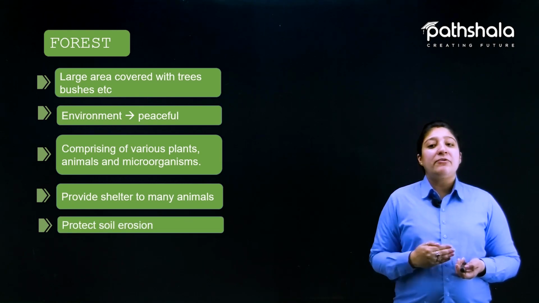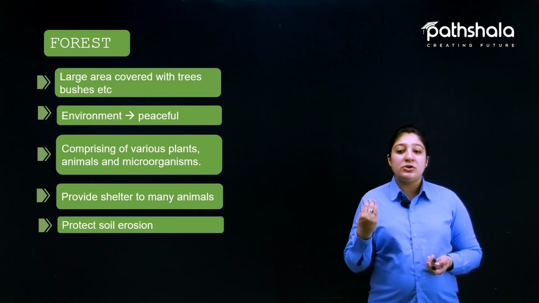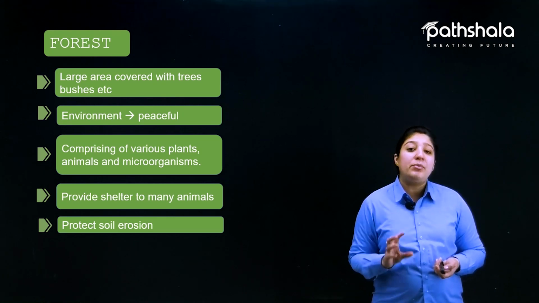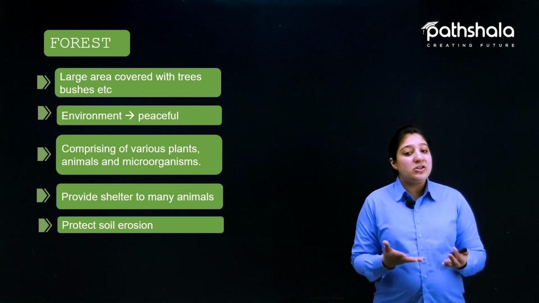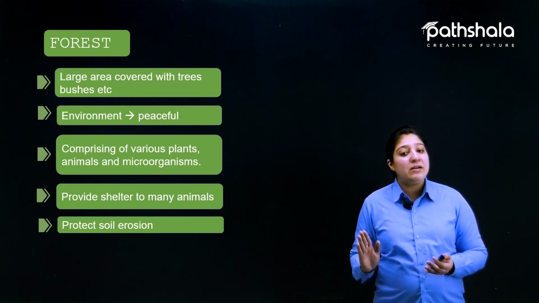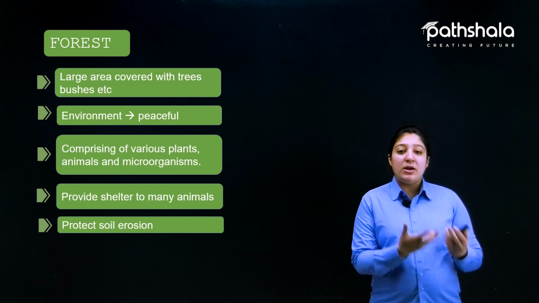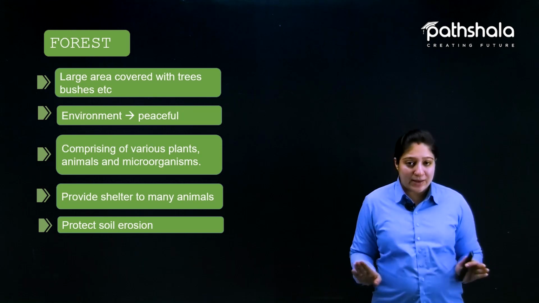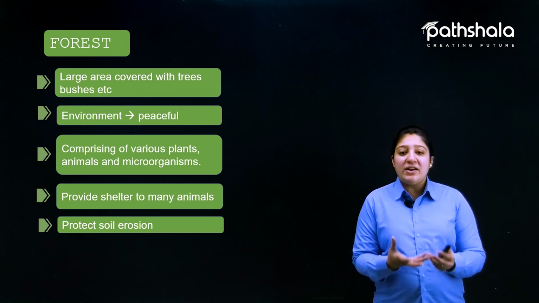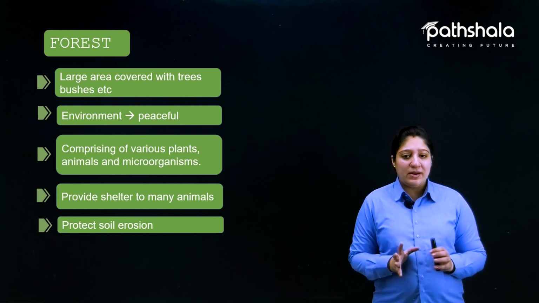The other thing forests do is they protect against soil erosion, or we can say they prevent soil erosion. How plants prevent soil erosion, we have discussed in our earlier chapters also. Because we know that the forest is full of plants, so much vegetation or flora is present there, right?